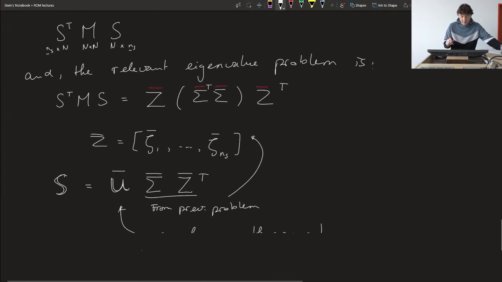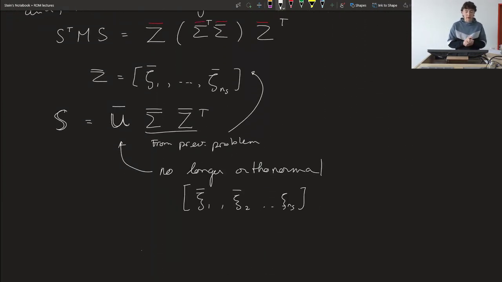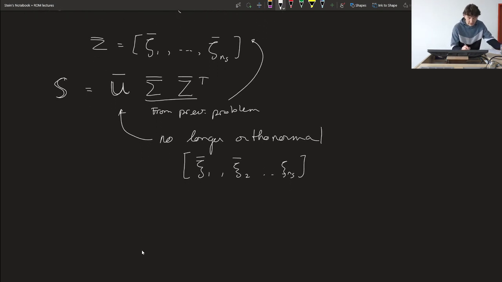Given that we have now already fixed the singular values in sigma as square roots of the eigenvalue problem that's written down there, and the Z matrix is filled with zetas, which are the eigenvectors of that problem, we can now find these xi's as 1 over sigma i bar times the snapshot matrix times zeta i bar.